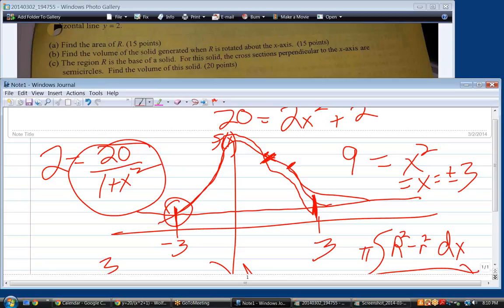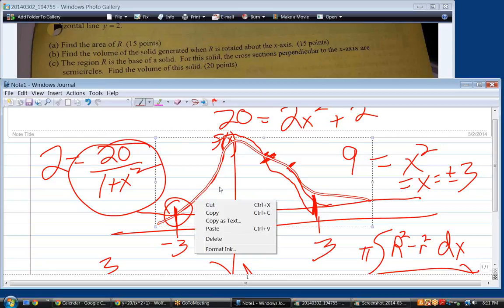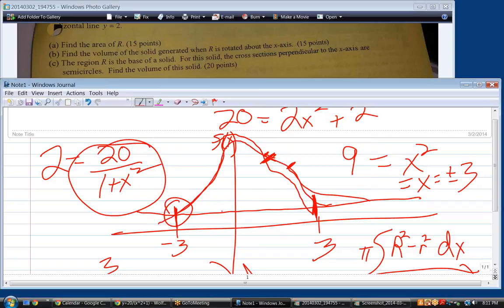So I want semicircles that are perpendicular to the x-axis. I draw one of them. I draw another one. Is that good enough artwork to indicate what I'm doing?